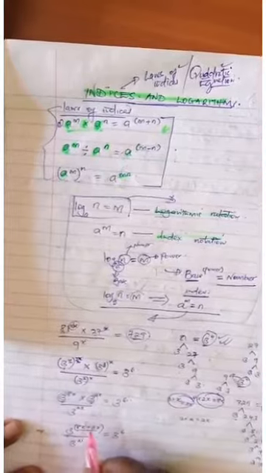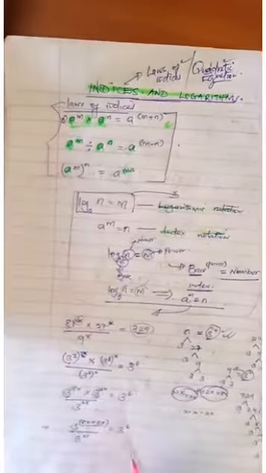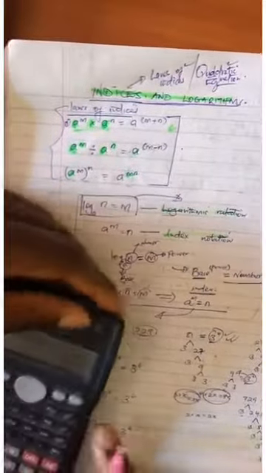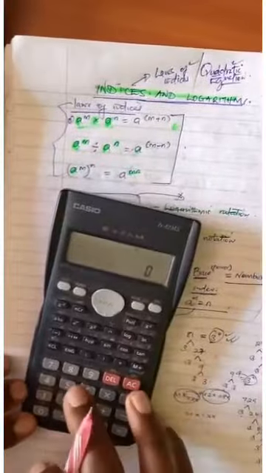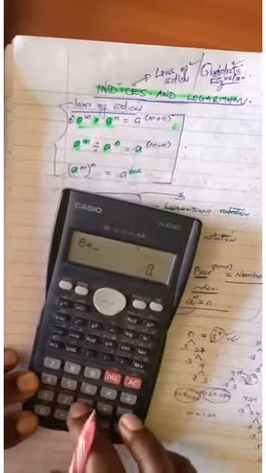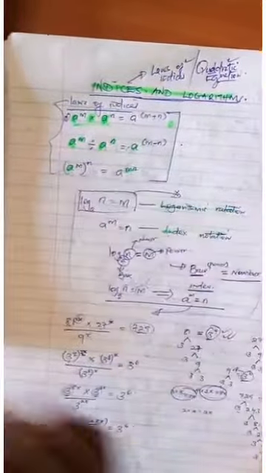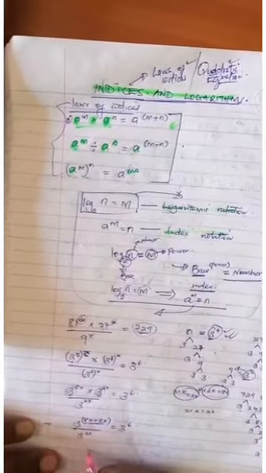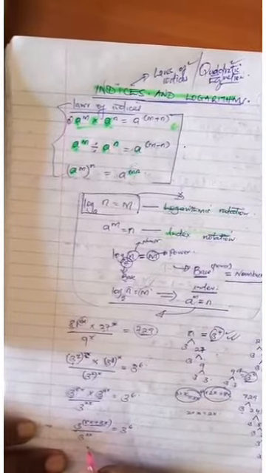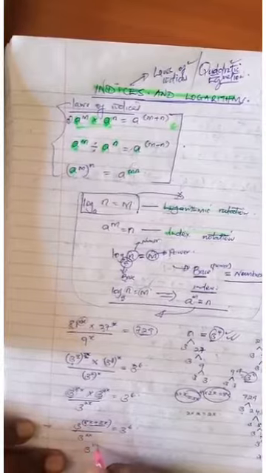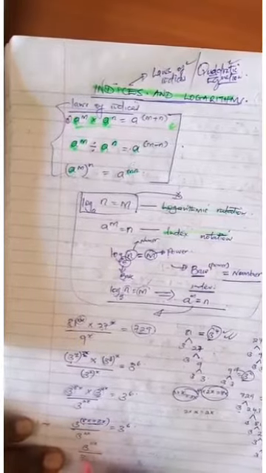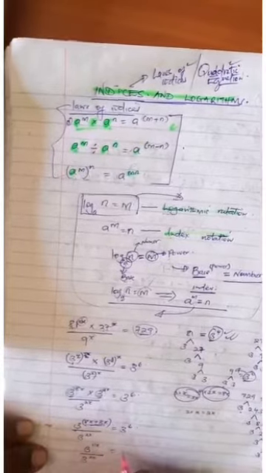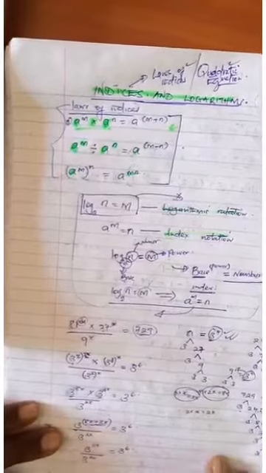So if you add this, 8x plus 3x, 8 plus 3 is 11. So this can be written as 3 to power 11x over 3 to power 2x is equal to 3 to power 6.